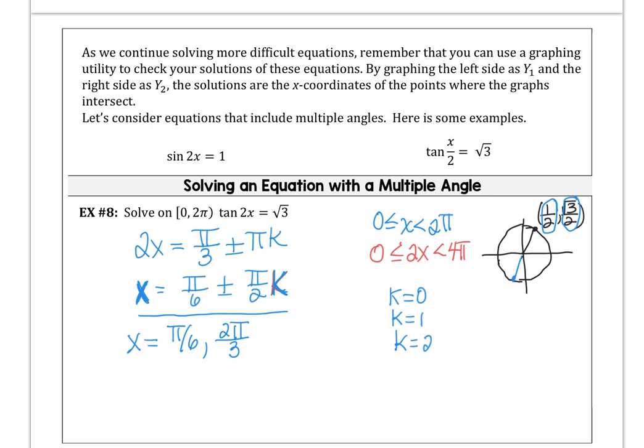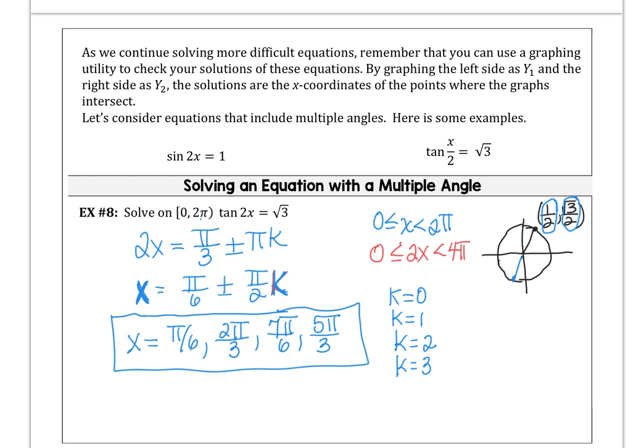When k is 2, we end up with 7 pi over 6. And when k is 3, we end up with 5 pi over 3. So I think we've met those conditions that we solved between 0 and 2 pi for that double angle, and found all of those cases that will hold true to our equation.